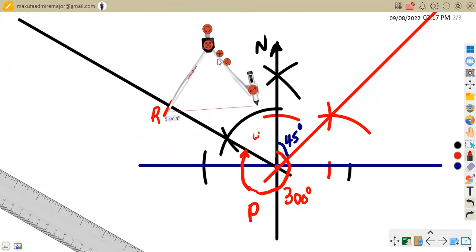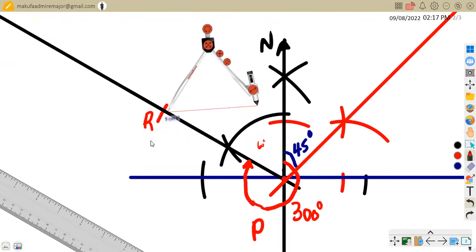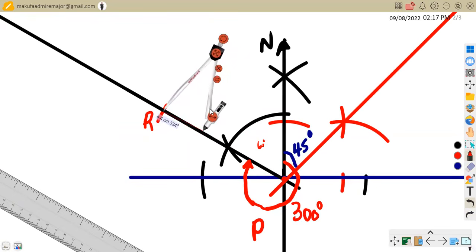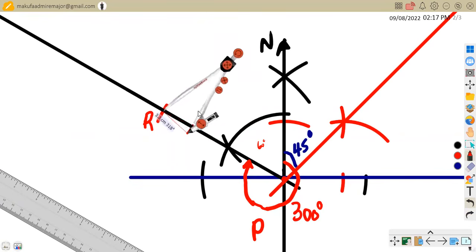Remember your 60 degrees. All you need is to mark a point from this point here. This is where we are having our point. We mark a point where we are going to use as our semicircle. So you can even start from this point here, or we can even reduce a little bit like this. Okay, we can start our semicircle from here.